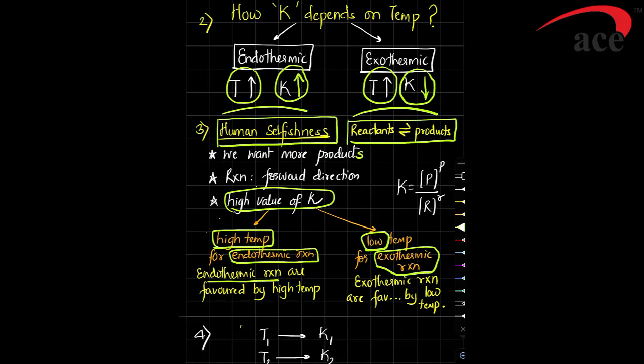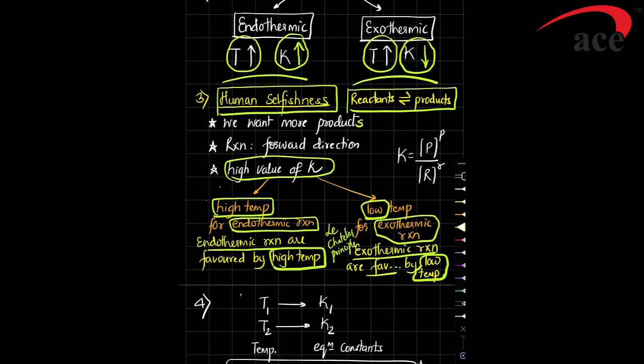That means endothermic reactions are favored at high temperature and exothermic reactions are favored at low temperature. A similar conclusion has been drawn in Le Chatelier principle, that endo are favored at high temperature, exo are favored at low temperature.